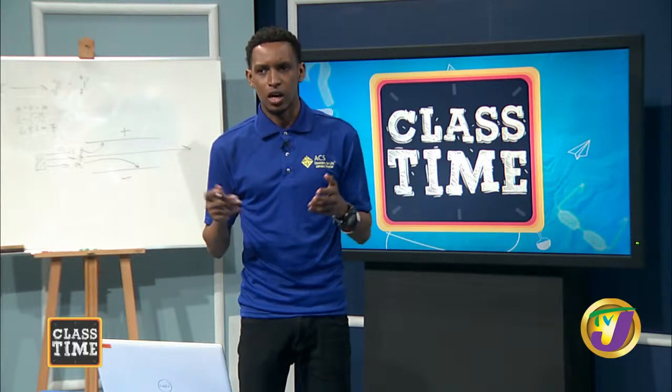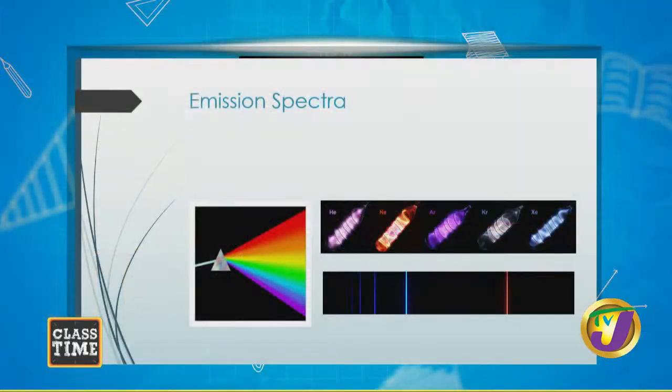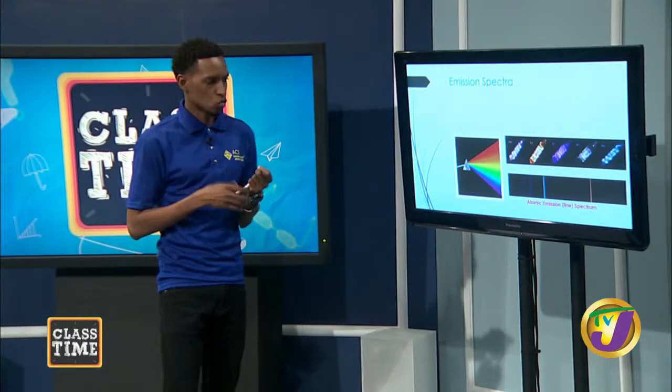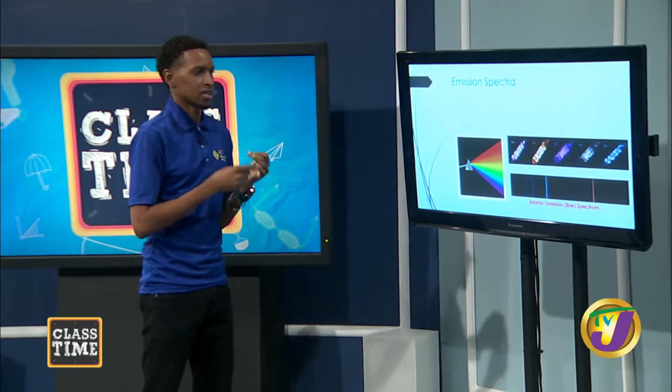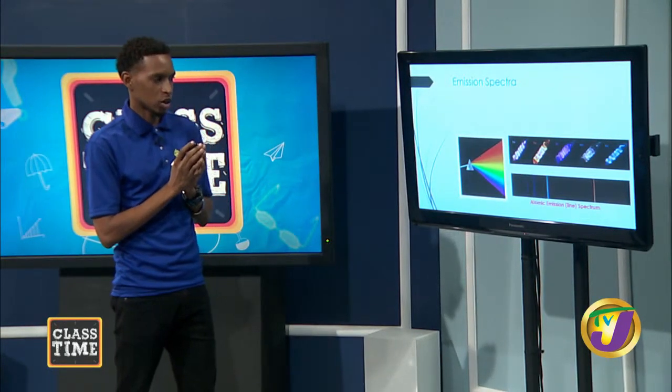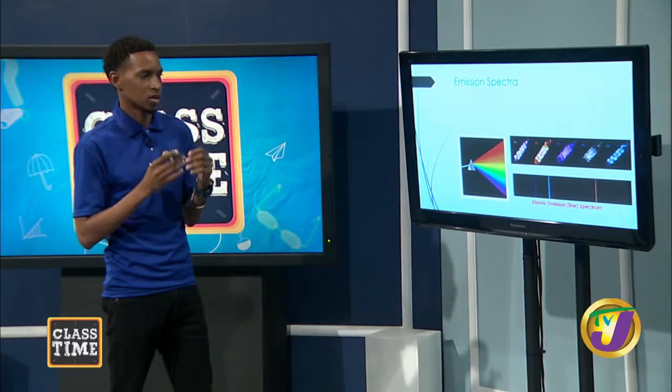Instead of obtaining a continuum of colors, we obtain what we call a line spectrum, and this is what drew Niels Bohr into saying that energy is quantized, because there was no attachment of the colors. The colors were separated in the form of lines, and that's what drew Niels Bohr into saying that electrons orbit the nucleus in orbitals.